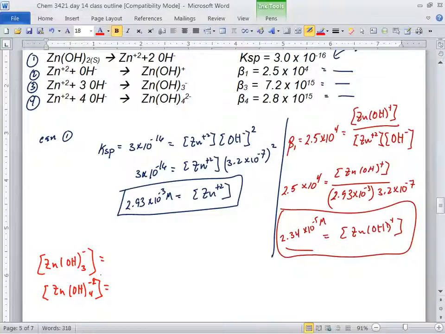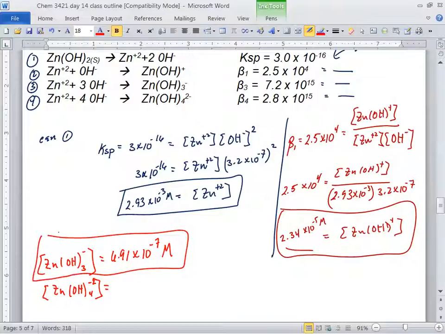Anybody get answers for these? For like the one with the complex ion with 3 hydroxides or 4? For 3, I got 6.91 times 10 to the negative 6. Anybody else get that? 6.91? Yeah, Melissa got it. Okay, so I bet you that one's right.